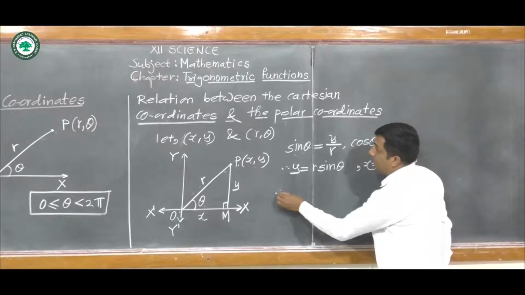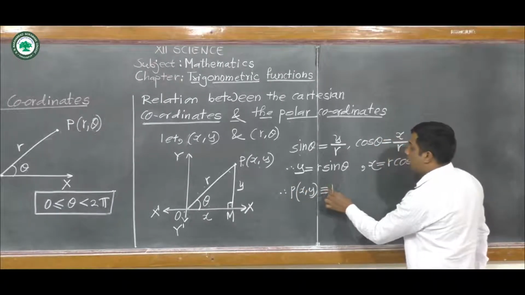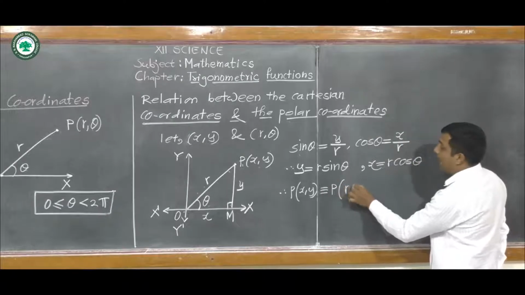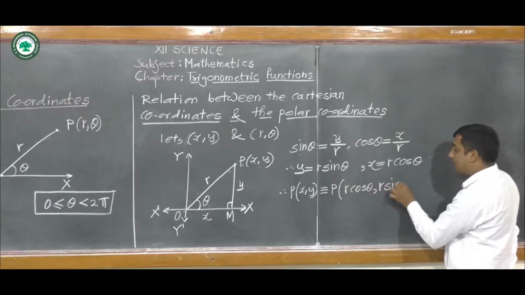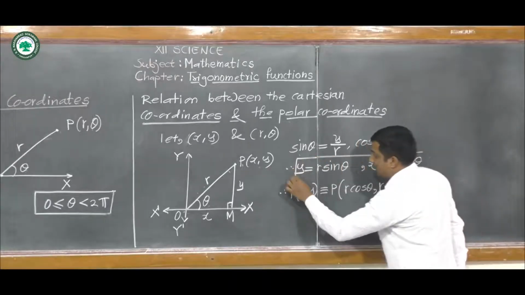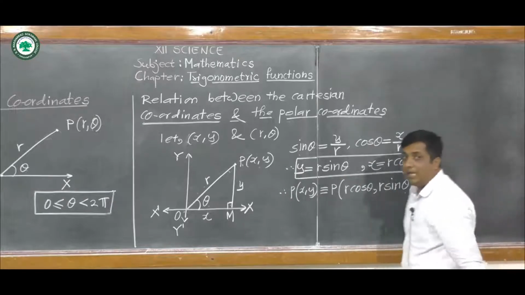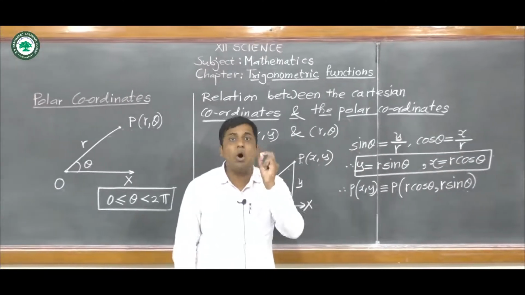So we get P of x, y is equivalent to P of R cos theta, R sine theta. This is the relation between the Cartesian coordinates and the polar coordinates.